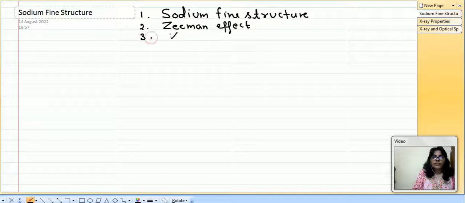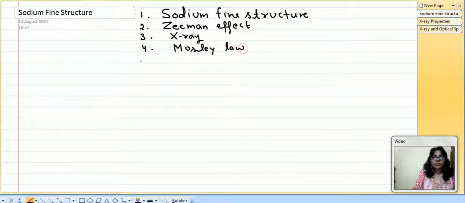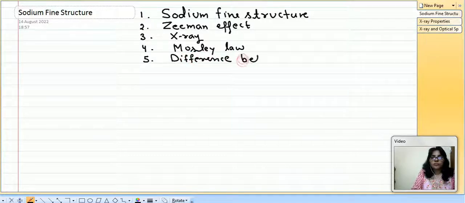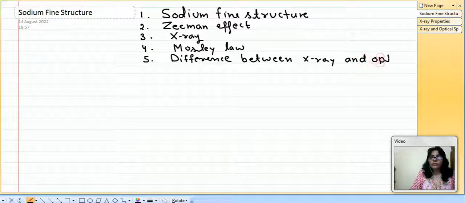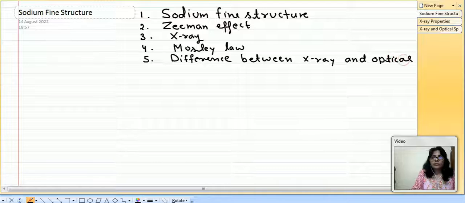Then X-ray Moseley law, and then the fifth one is the difference between X-ray and optical spectra.